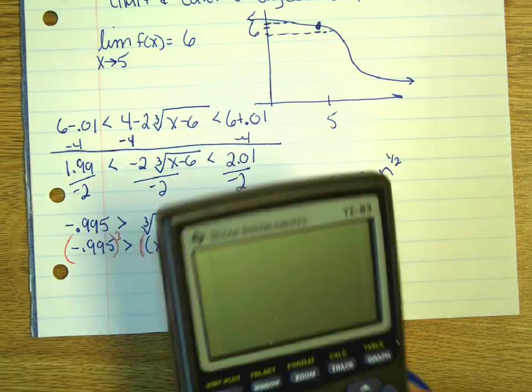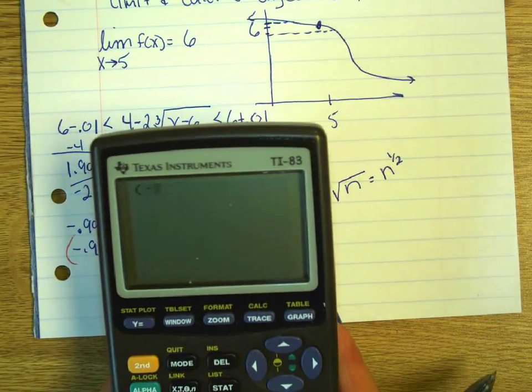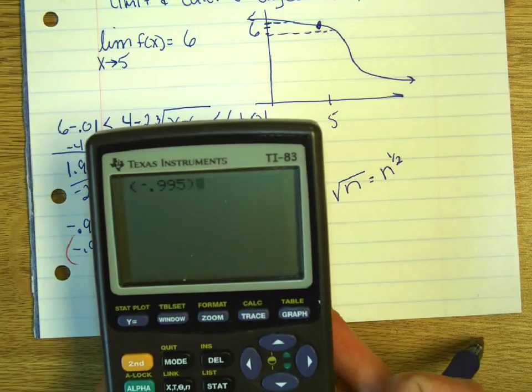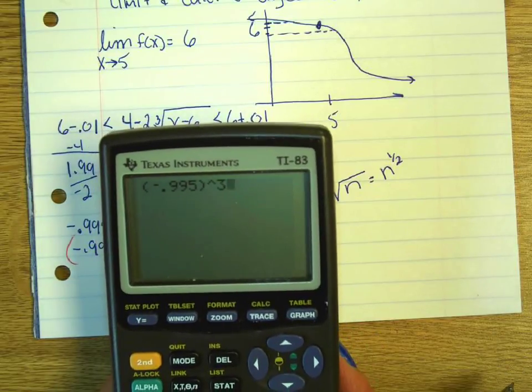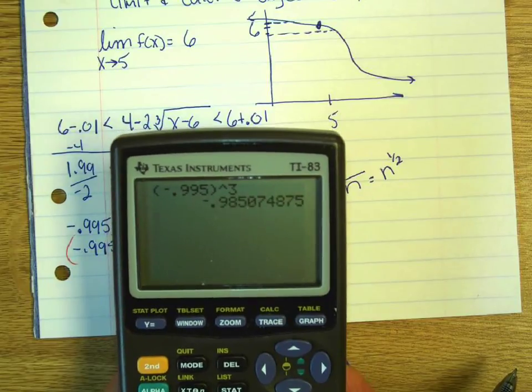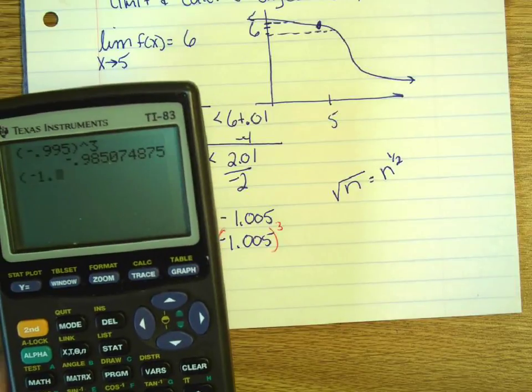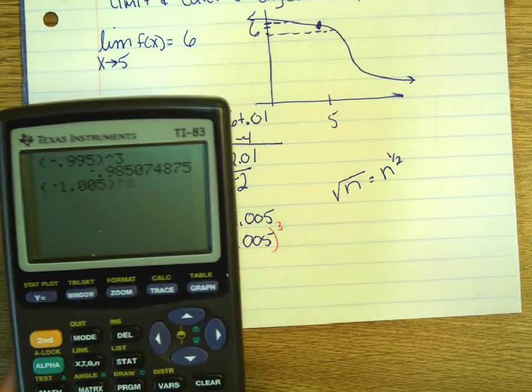So negative 0.995 cubed. Remember, if you have negative numbers raised to powers, you should put them in parentheses. And then I need negative 1.005 cubed.